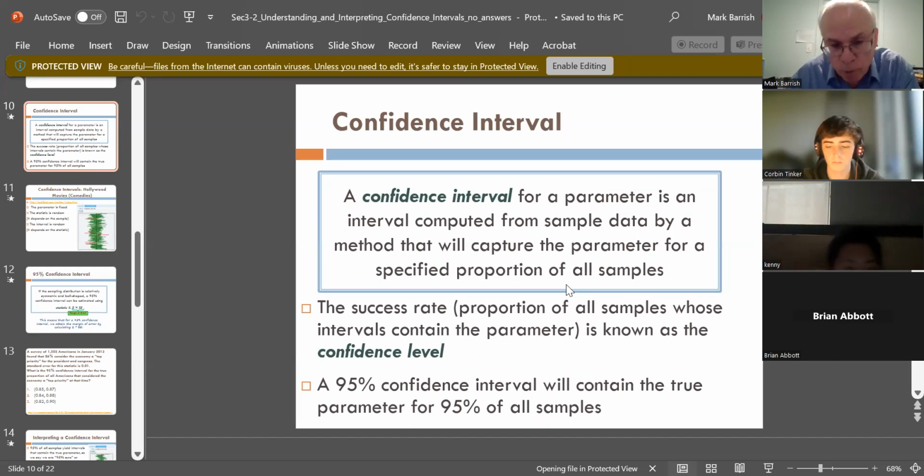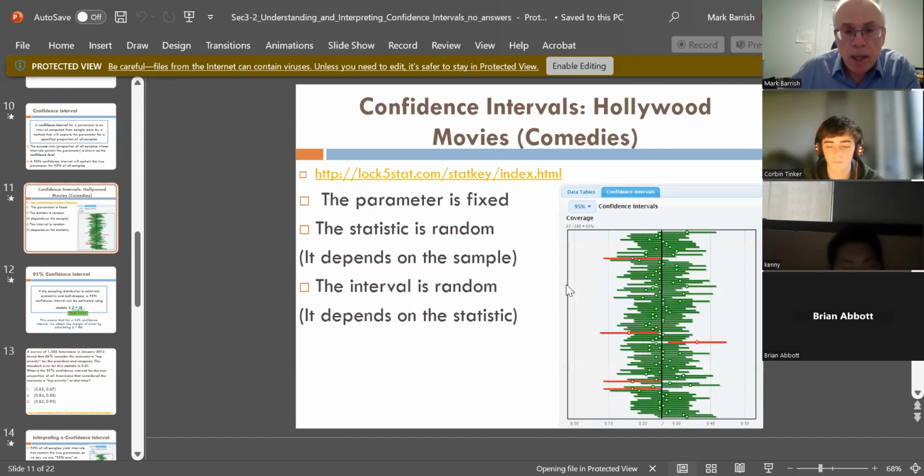That's basically what we mean by confidence level. All right, we're 95% sure that it's in there. It is not a probability. Either the population parameter is in the interval or it's not in the interval.